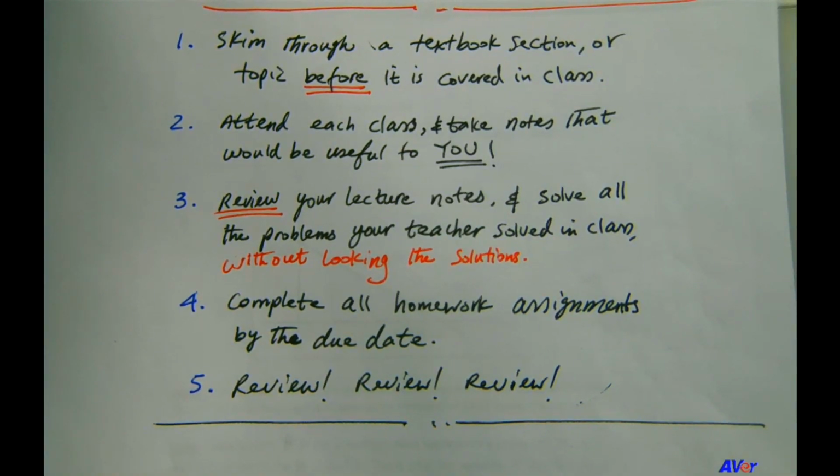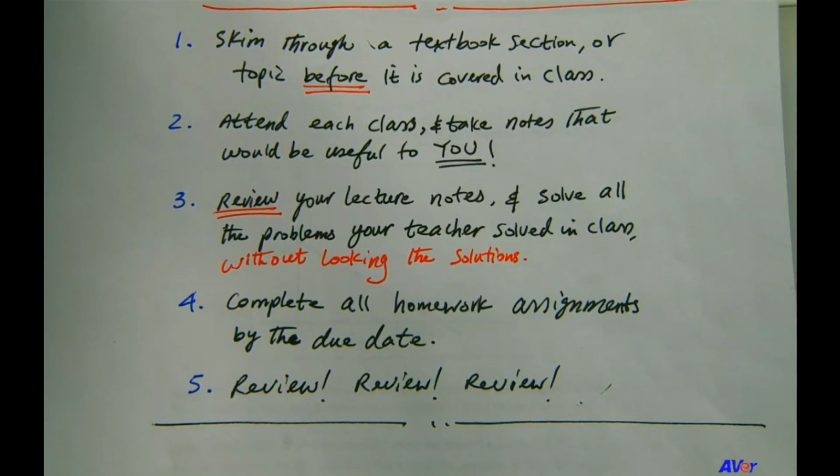Before we begin though, I wanted to remind you to please spend half an hour to 45 minutes to skim through this section 1.3 from your book. Just read through it, no more than 45 minutes, and then watch the video or attend the class and take notes on any questions you might have. Take notes on any important things you read in the book or things that come up in the class.